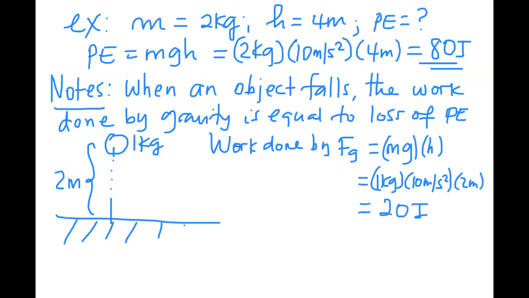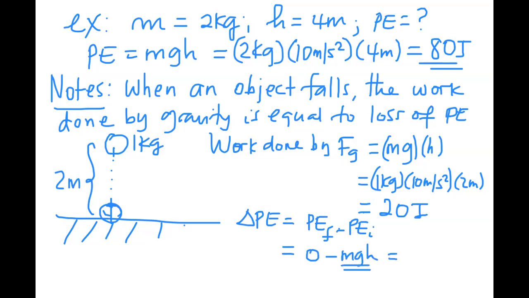Now, what is the loss in potential energy? We can find it by looking at how potential energy has changed. The change in potential energy is equal to the final potential energy minus the initial potential energy. The final potential energy when the ball is down here is 0. The initial potential energy is just mgh, which is similar to here.